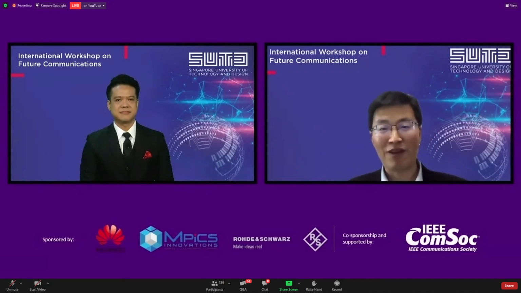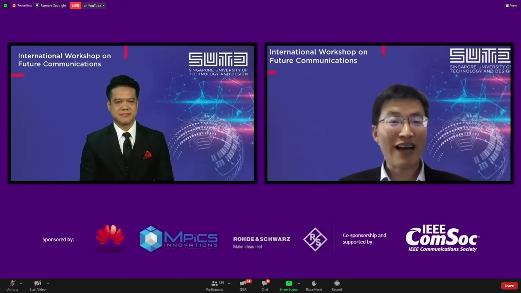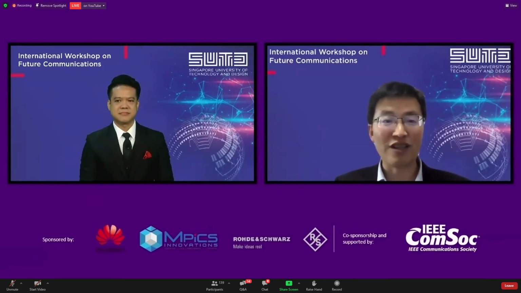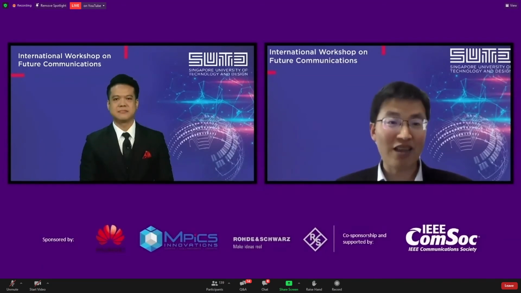We also need very good coverage to make sure the user can be linked by this kind of MIMO system. So this kind of technology will become a very good baseband solution to support beamforming, for better power efficiency, better coverage and better user experience.